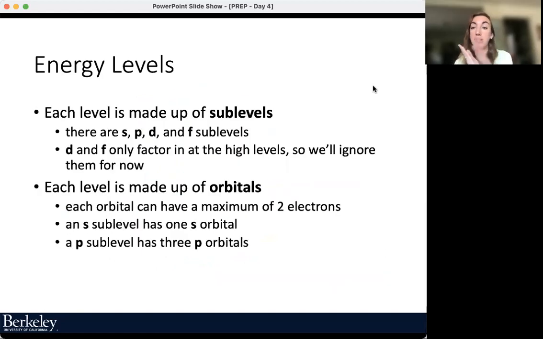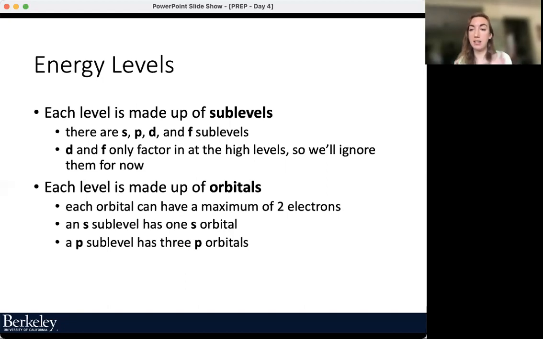So each of those levels is made up of different sublevels. You can think of that as each shelf having different sorts of areas on that shelf. These subshelves are named S, P, D, and F. However, we're just going to focus on S and P for the purposes of this class.